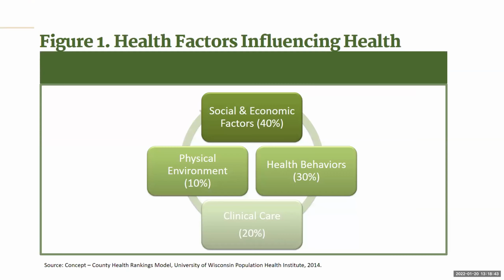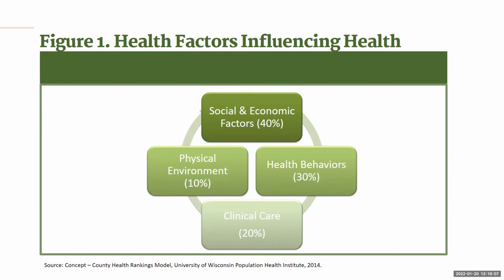So there are significant differences in social, economic, as well as environmental determinants for those county health rankings. These social and economic factors, along with environmental factors, account for about 50% of health outcomes.